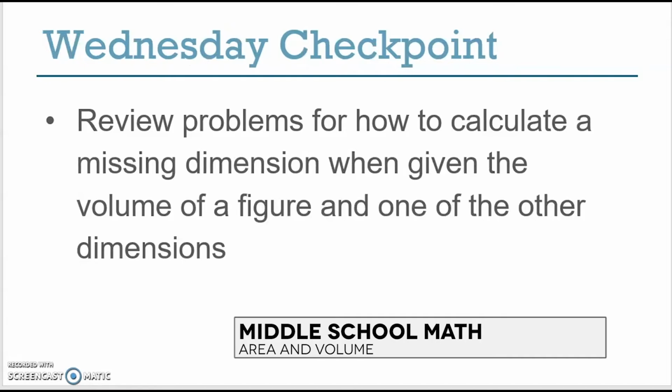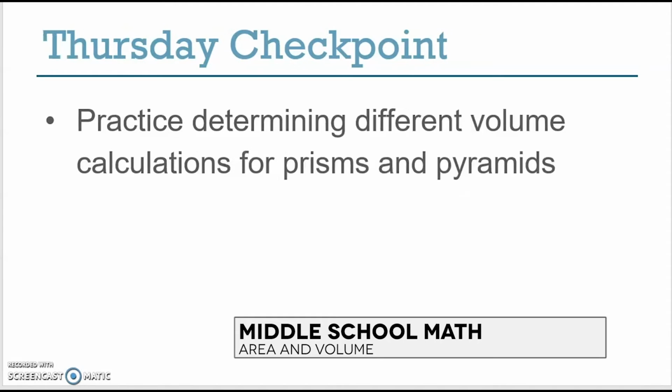On Wednesday, you're going to learn how to calculate for a missing dimension. And I'm going to give you the volume and some of the other dimensions, and then you're going to solve the equation. Do you remember how to do that? That was in our prior lessons, solving equations. So we're using that prior knowledge to help us out here.